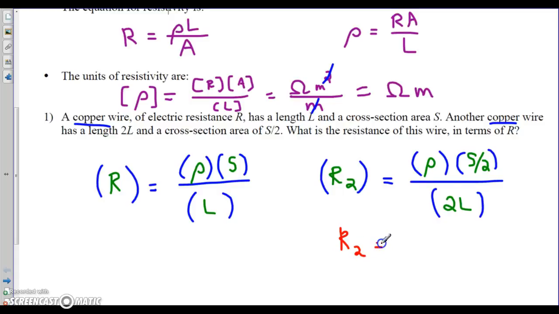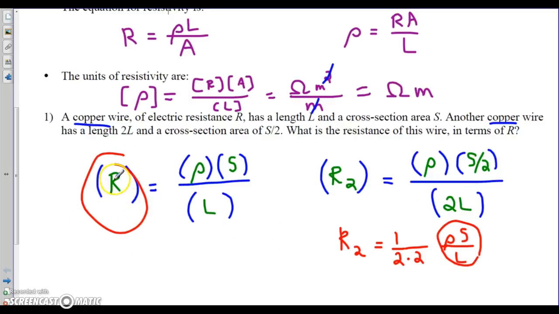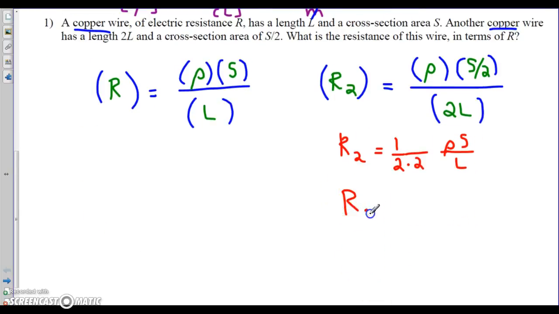R2 equals, well, there's a 2 in the numerator, and then there's another 2 in the denominator, so it's 2 times 2 down here, times rho L over S. But rho times L over S, this whole thing, is equal to the first wire's resistance, R. And so what we have is R2 equals 4 times the first wire's resistance, R. And that is our answer.